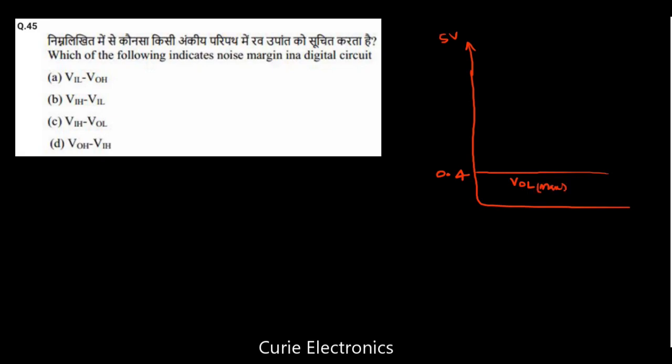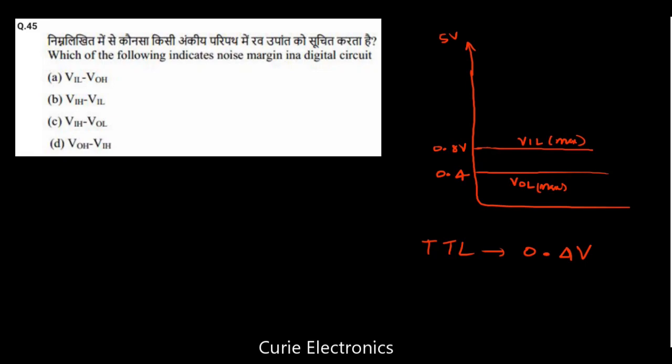That is output low max. But if we take the input, the input low max is 0.8 volt. So if I look at this, VIL minus VOL gives 0.4 volt as the difference. So remember that 0.4 volt is the noise margin in the TTL.